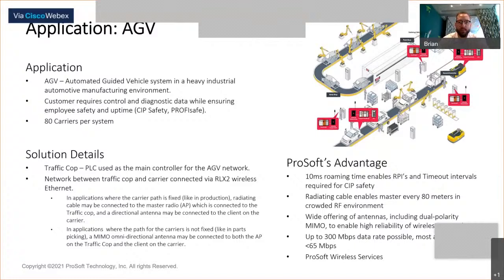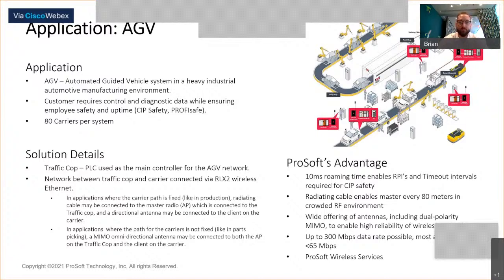The reason that is important is because when packets are dropped, which sometimes happens in wireless systems, the safety protocol shuts the system down to a safe state. We help prevent those shutdowns caused by nuisance timeouts, thanks to that ultra-fast roaming feature that we described.